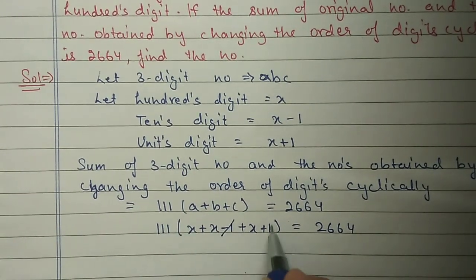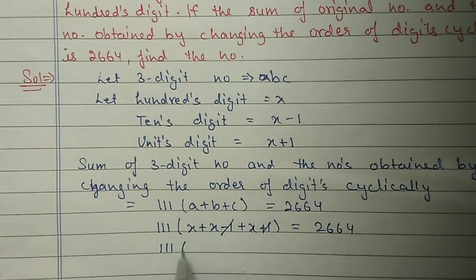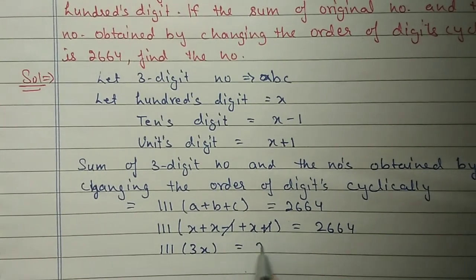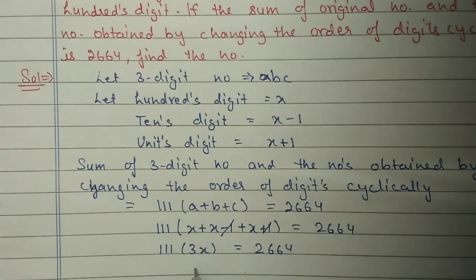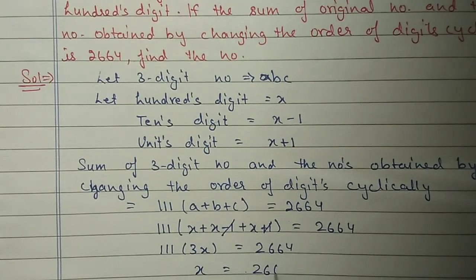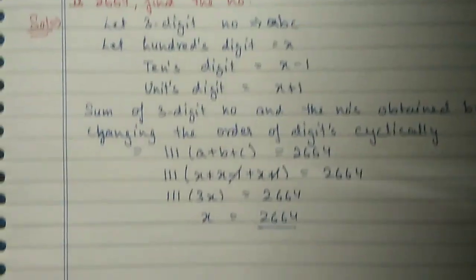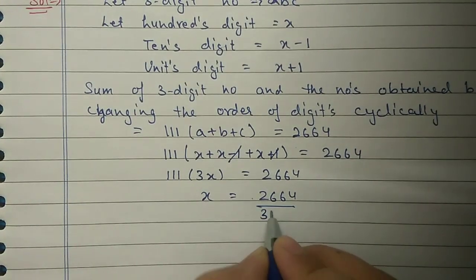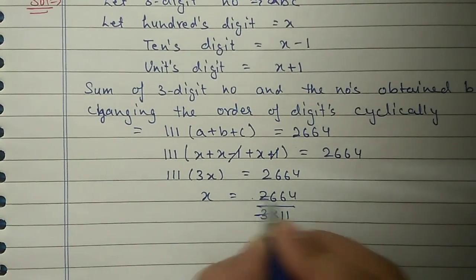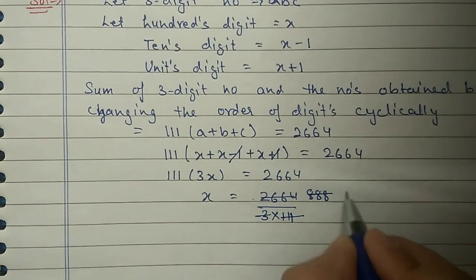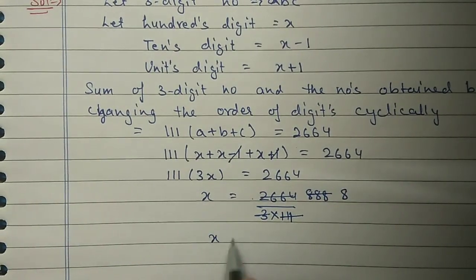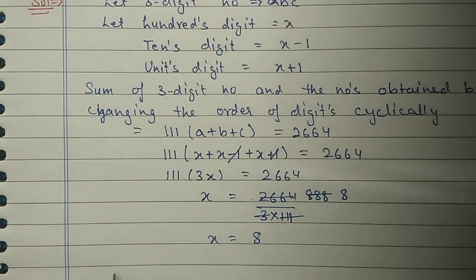So x minus 1 and x plus 1 will cancel out, and we get 111 times 3x equal to 2664. We can shift this 111 and 3 to the other side, and it will go for division. We can cancel with 3, 8 times it will go, and with 111, 8 times it will go. It means the x value is 8.